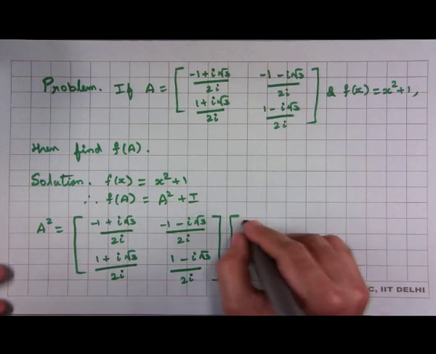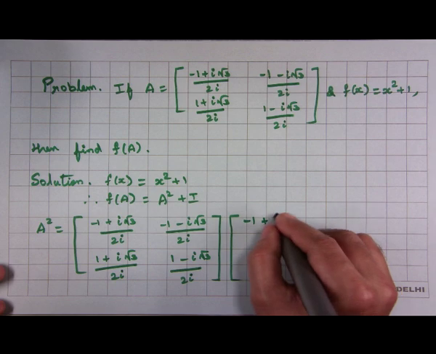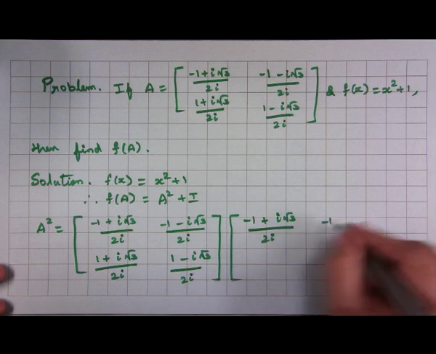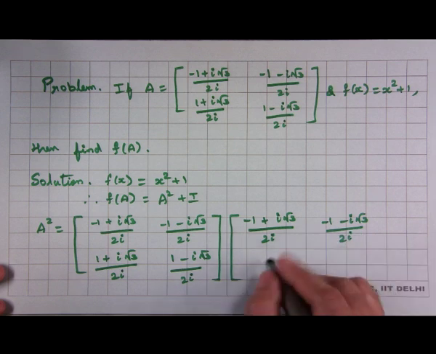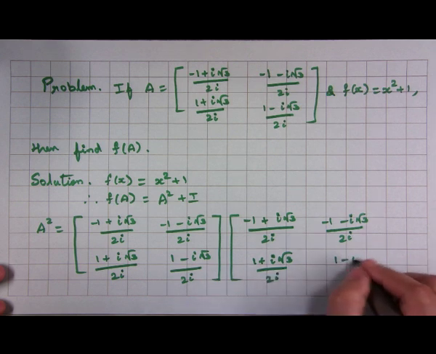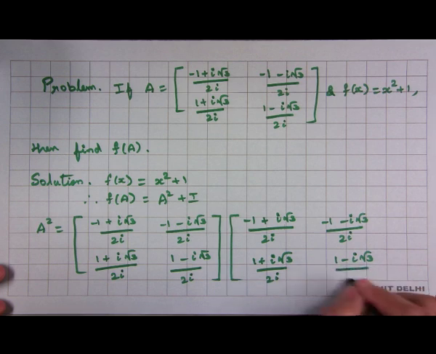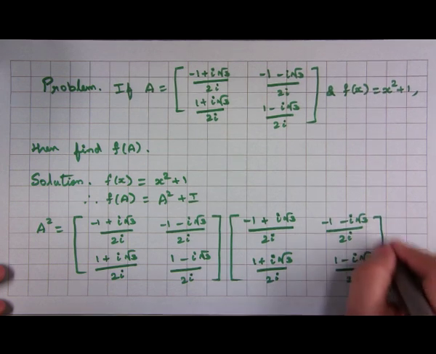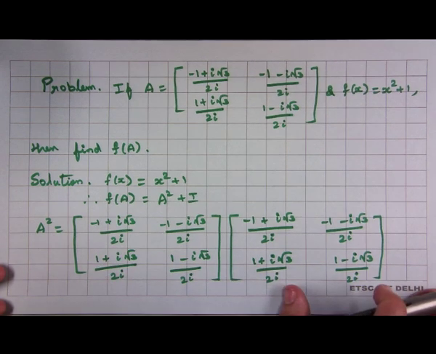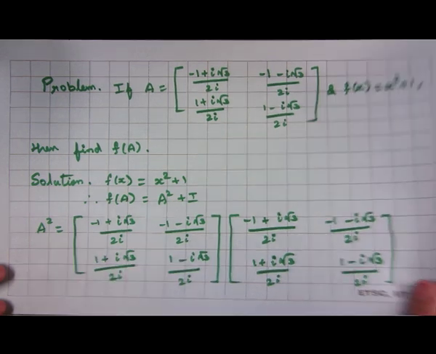into minus 1 plus i root 3 upon 2i, minus 1 minus i root 3 upon 2i, 1 plus i root 3 upon 2i, 1 minus i root 3 upon 2i. If you look at 1 by 2i is a common thing. So, let us pull it out in both the things.